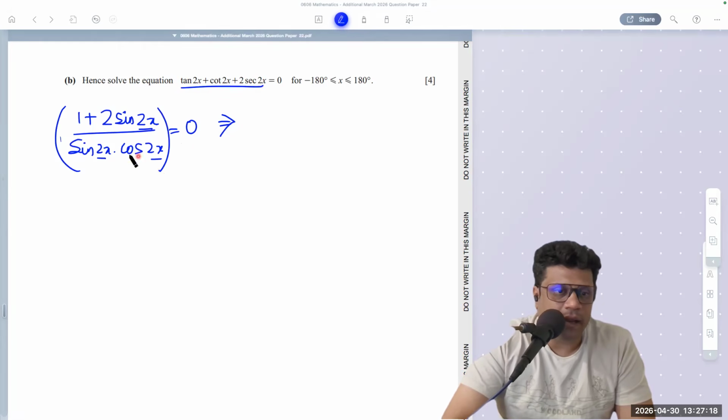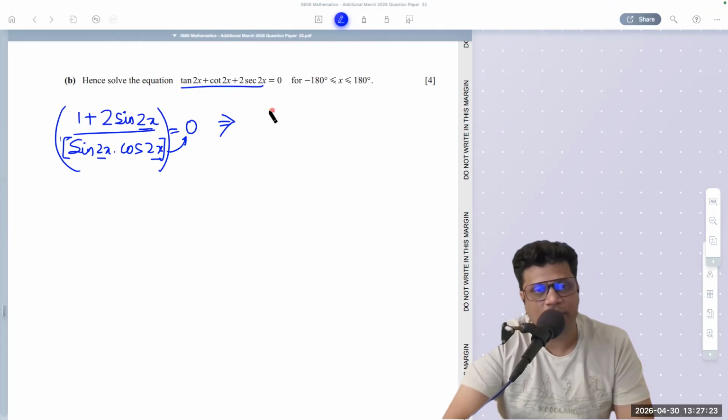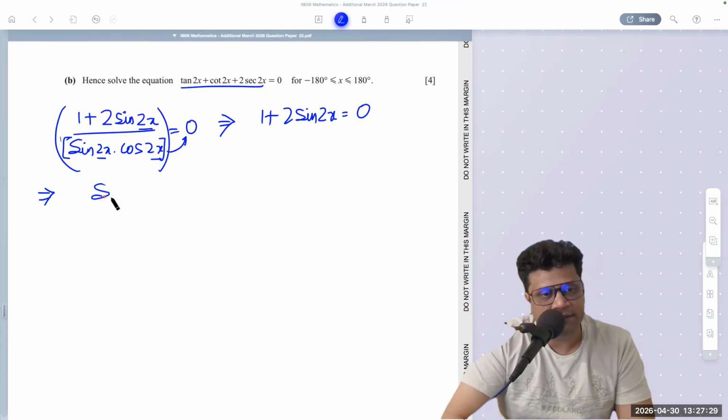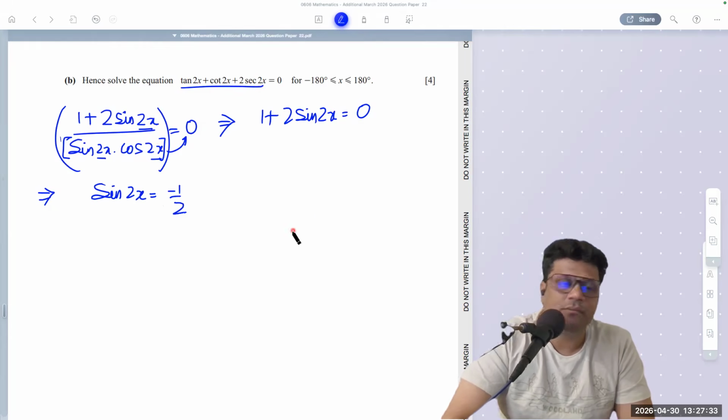Okay. I'll take this to the other side. It multiplies with the 0. So you're looking at 1 plus 2 sine 2x is a 0. That means sine of 2x is a negative 1 by 2.